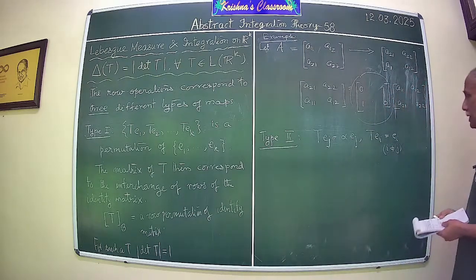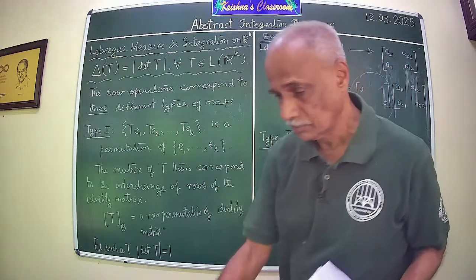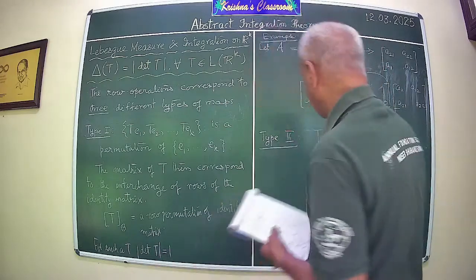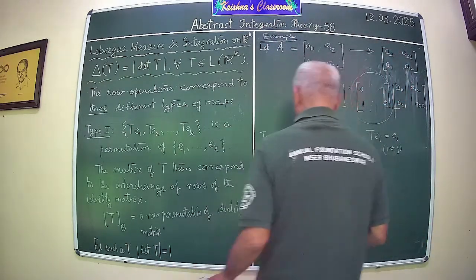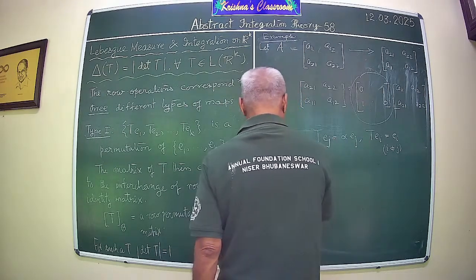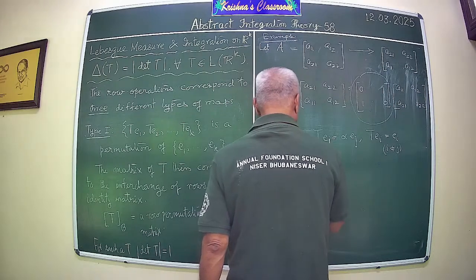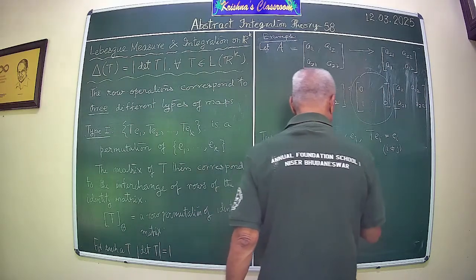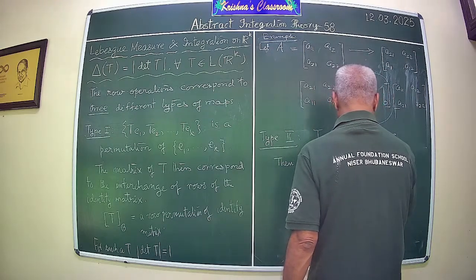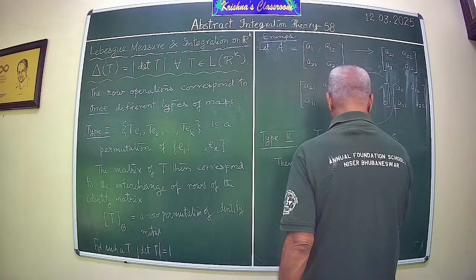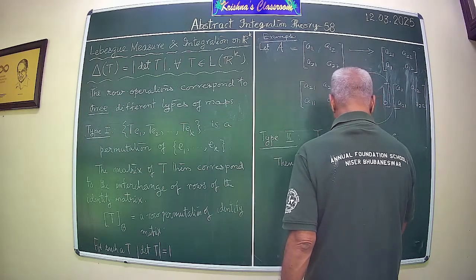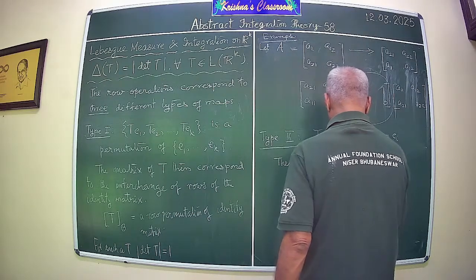Okay. Then what happens? You are taking the matrix, and now this is the jth row that you are taking.